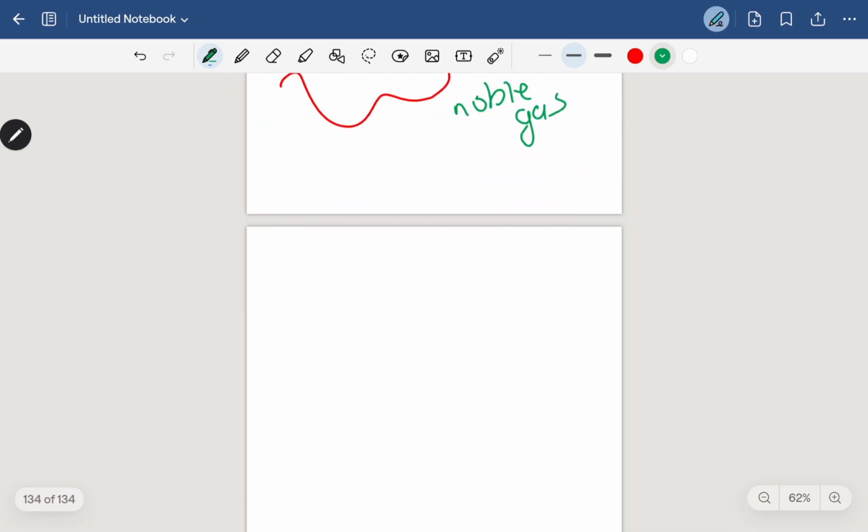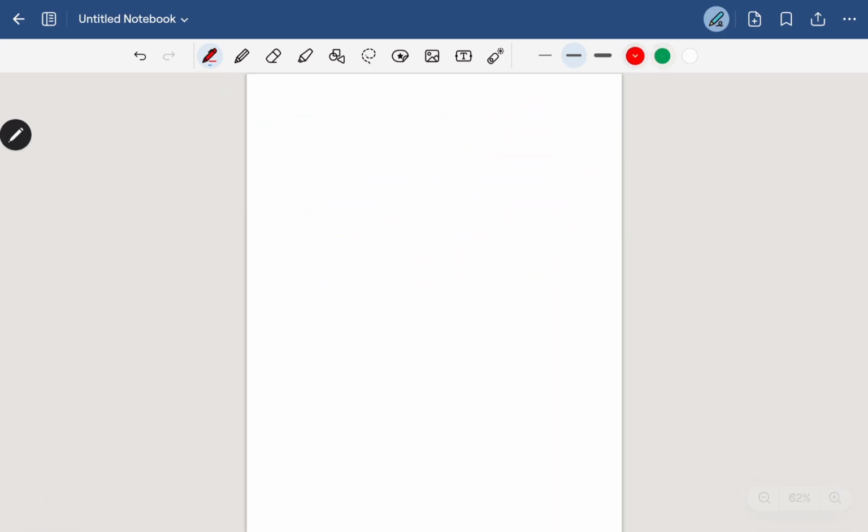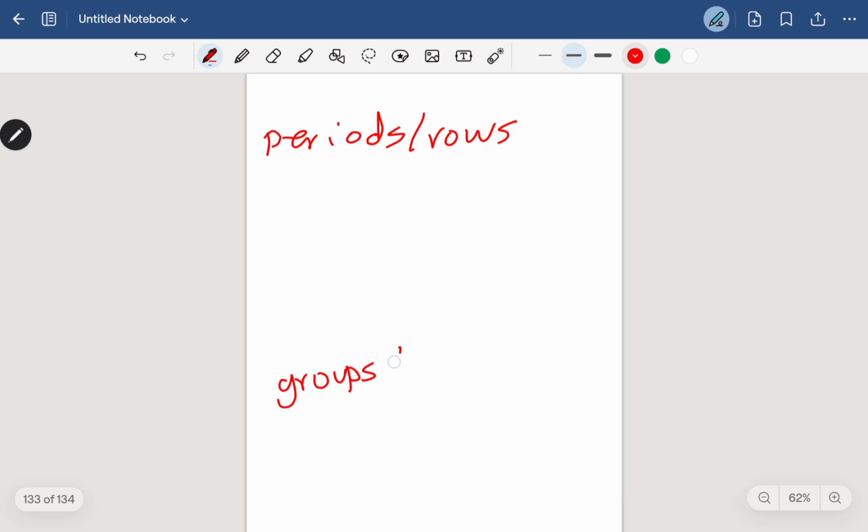Okay, now one thing we need to know is periods, which are also rows, or groups, which are columns. So what do we know about periods and rows? They are very simply the number of shells.